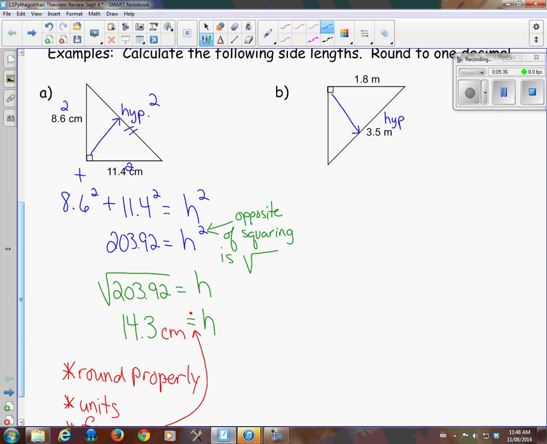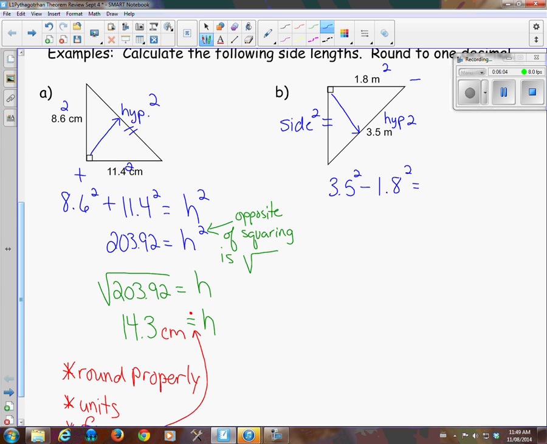So I'm going to take my hypotenuse squared, and I'm going to subtract my side squared, and that will equal my other side squared, because I already know the longest side. I don't want to add and get a big answer. I want to subtract and get a smaller one, because the side is shorter than the hypotenuse. So I fill in my formula. 3.5 squared, subtract the side squared, is going to be the other side squared.